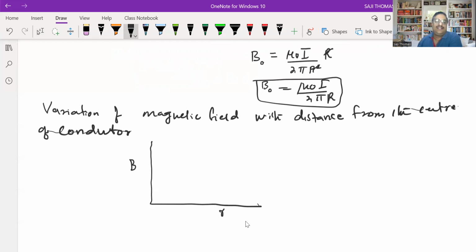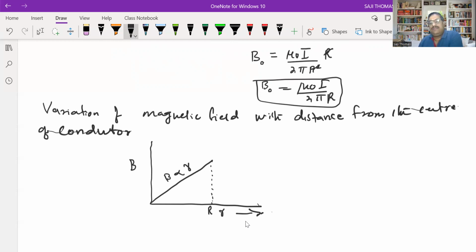From the center, zero distance, to this radius, magnetic field B is directly proportional to r. So this will be a straight line till the surface. At the surface, you take capital R. Till the surface, B is proportional to r.